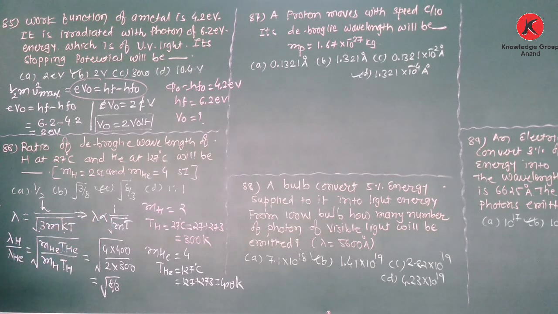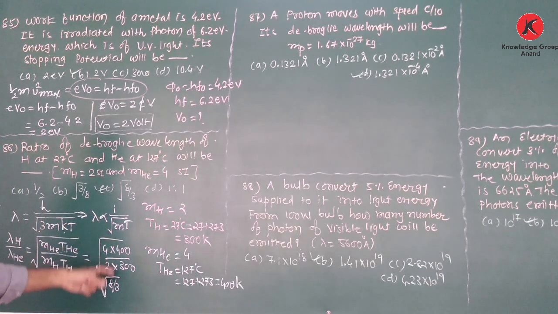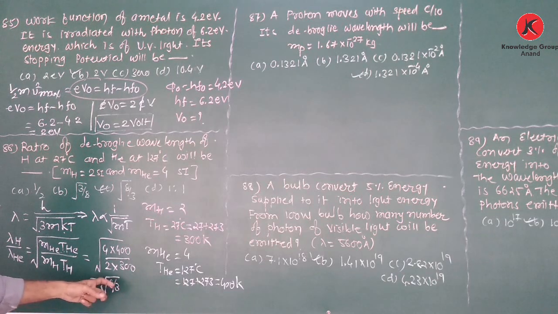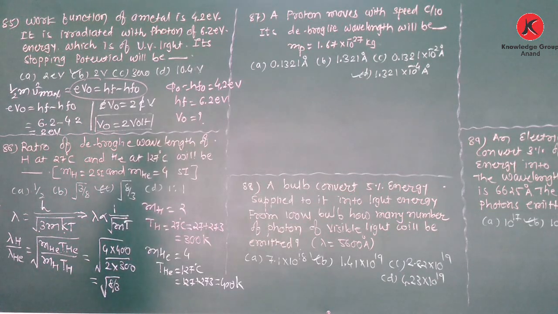Therefore, lambda is proportional to 1 upon under root of m into T. Therefore, we take the ratio of lambda of hydrogen to lambda of helium, which is equal to under root of mass of helium into temperature of helium divided by mass of hydrogen into temperature of hydrogen. So as we substitute the values, we obtain the answer is root 8 by 3.